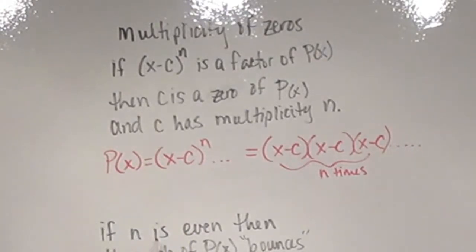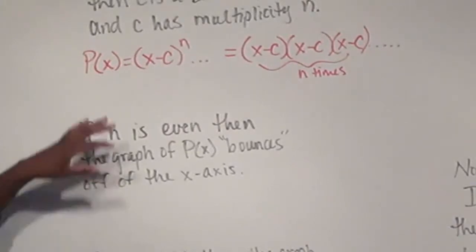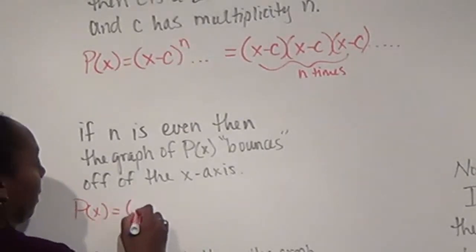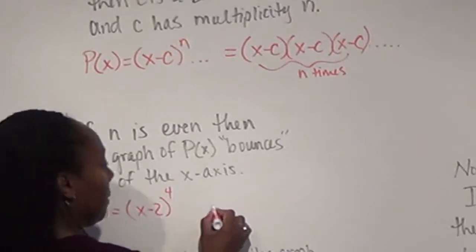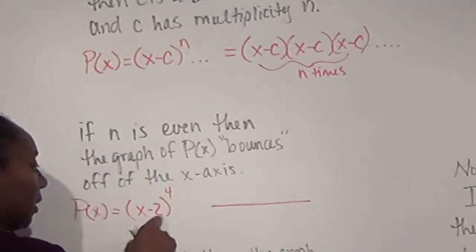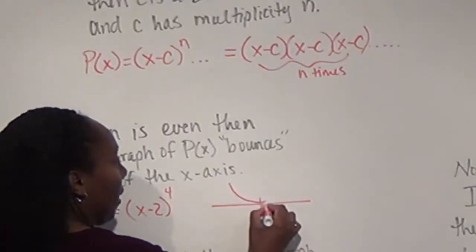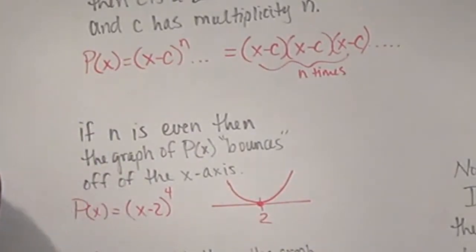Okay? If n is even, then the graph of my polynomial is going to bounce off the x-axis at that particular zero. For example, if p of x equals x minus 2 to the 4th, this just means that at x equal to 2, the graph is going to bounce off the x-axis at that point.